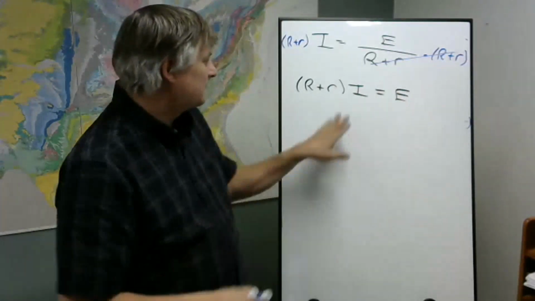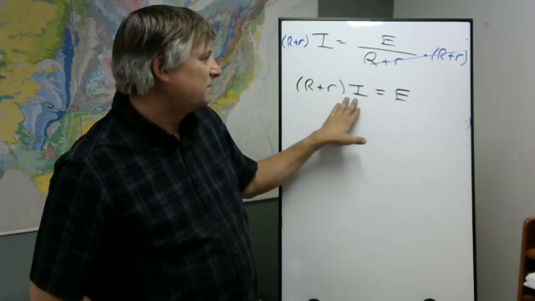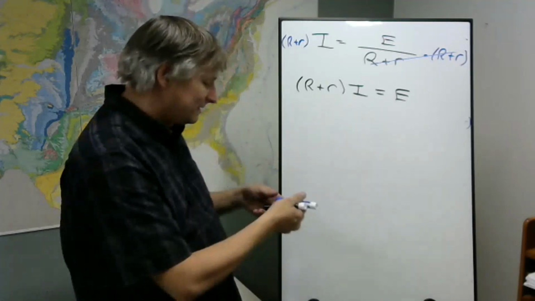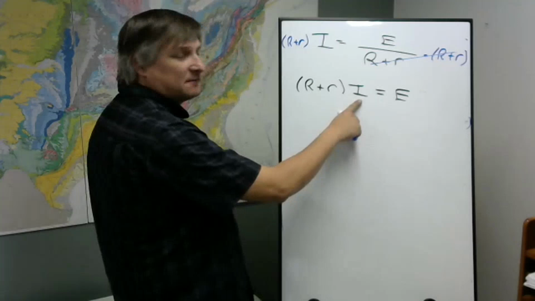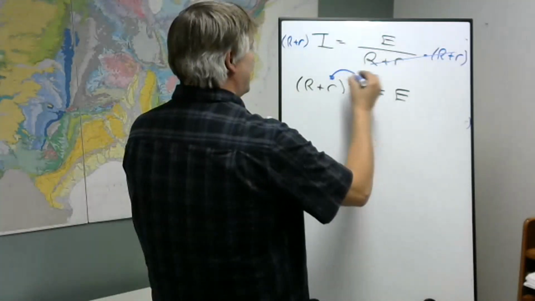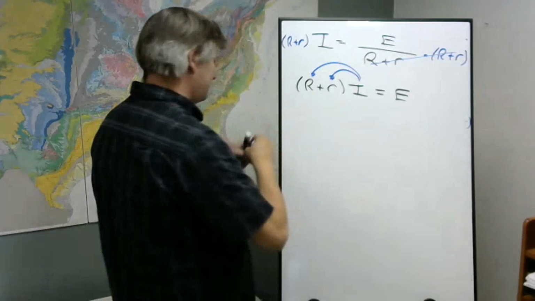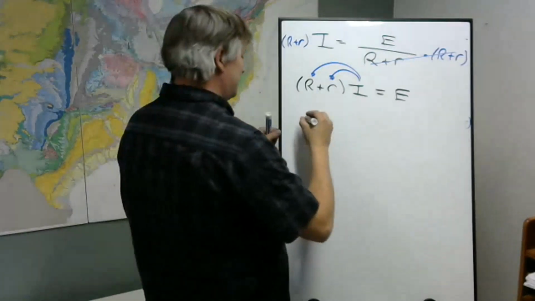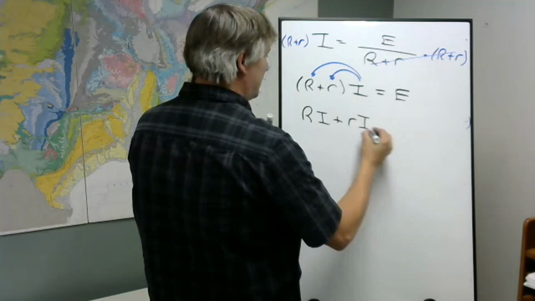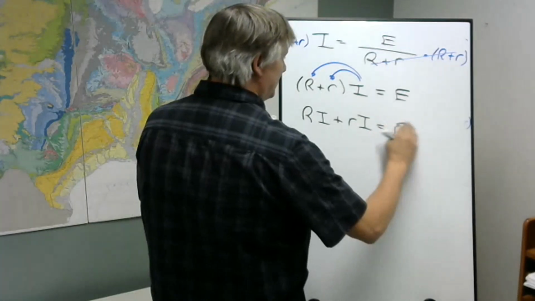So this is where we sort of branched off. Now we're going to do it a different way. In this case, instead of dividing by I, we can distribute I to get Ri plus little ri is equal to E.